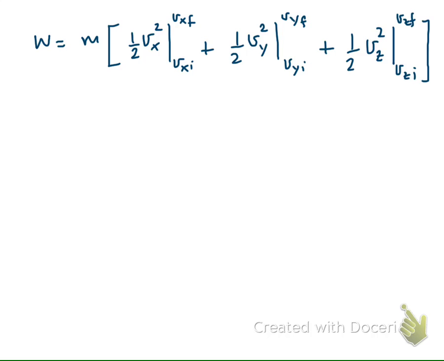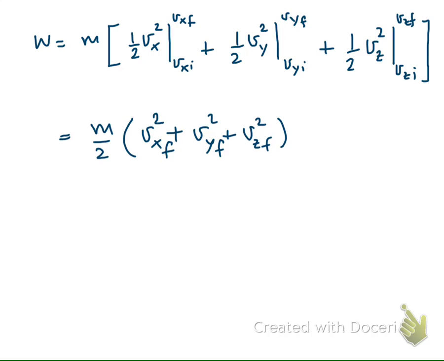Which is equal to m/2 of vxf square plus vyf square plus vcf square, minus m/2 of vxi square plus vyi square plus vci square.